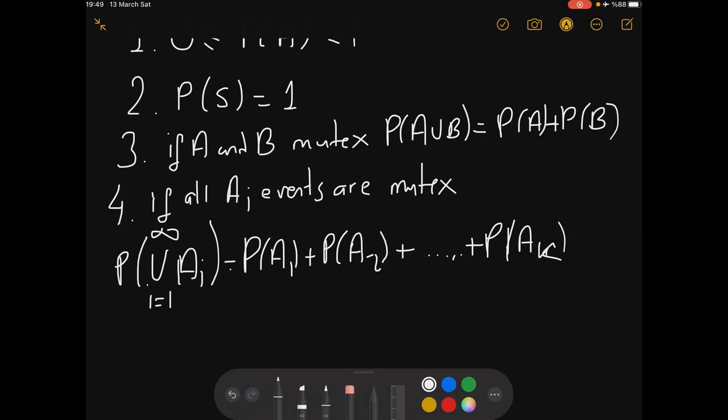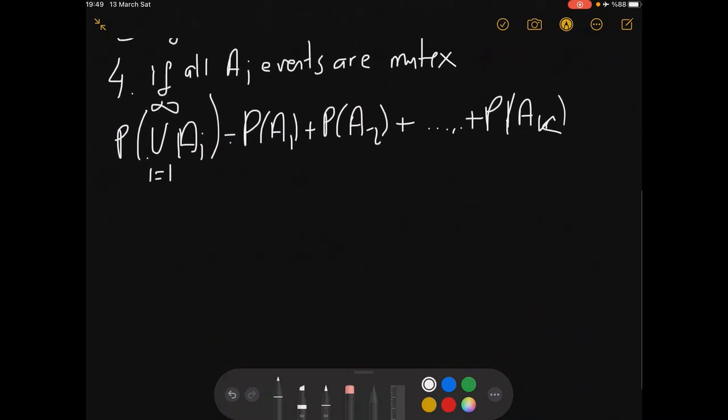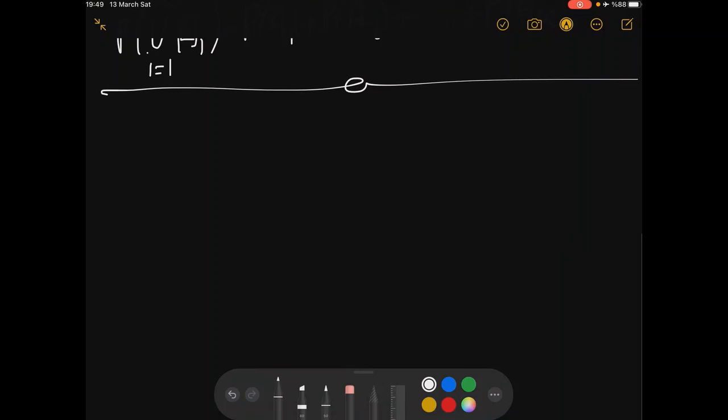Now these were some properties of P(A). Now let's take a look at some rules for P(A). For example, the probability of the empty set is what? 0.